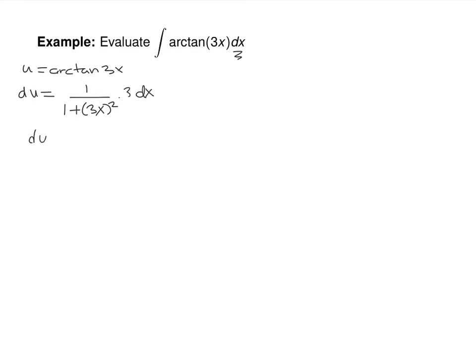Or, in other words, du is 3 dx over 1 plus 9x squared. And then dv is just equal to dx, so v is equal to x.